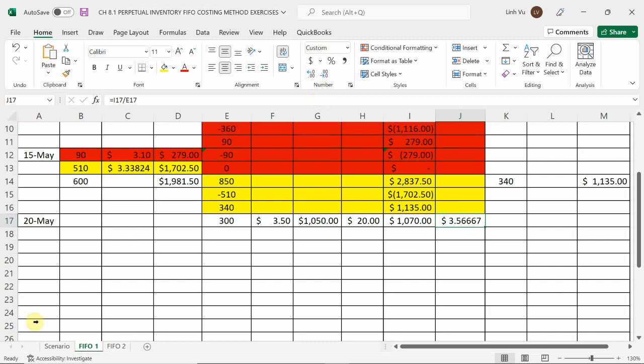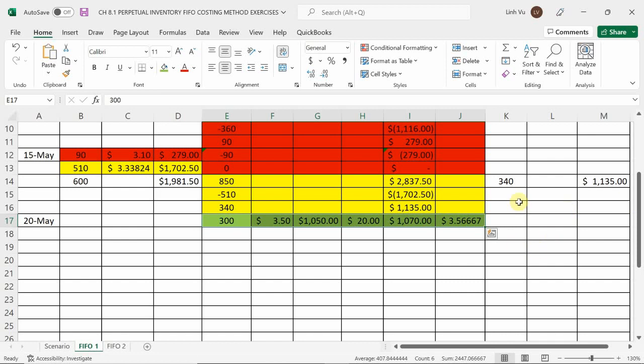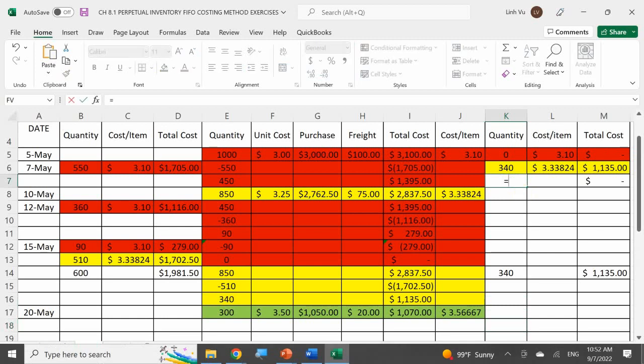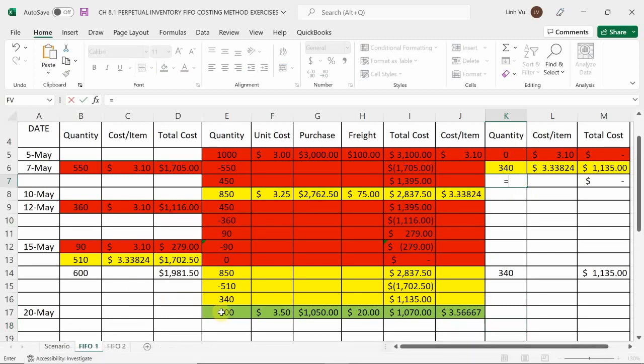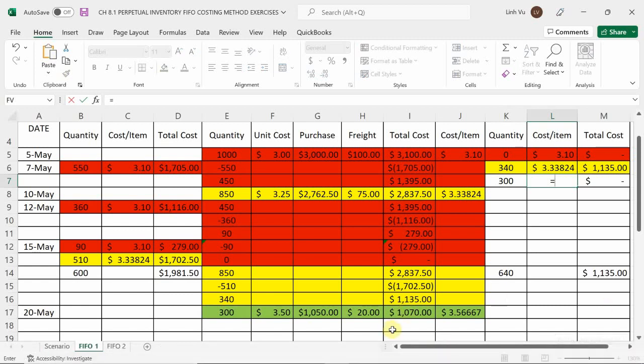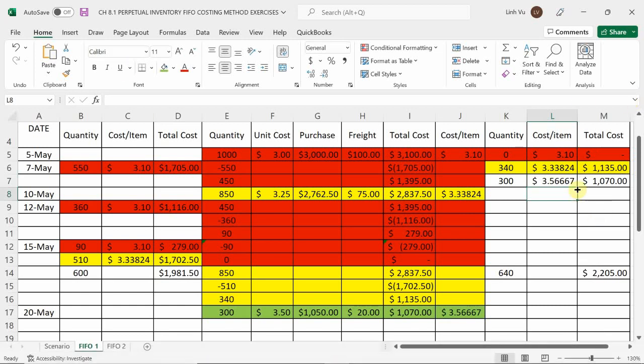3.56666666, ongoing. And because it's a new batch of inventory, I'm going to color code this green. Since I made a purchase of inventory, I need to drop it into my inventory on hand because now I have a new batch of 300 units at 3.56666666, which gives you your 1,070.